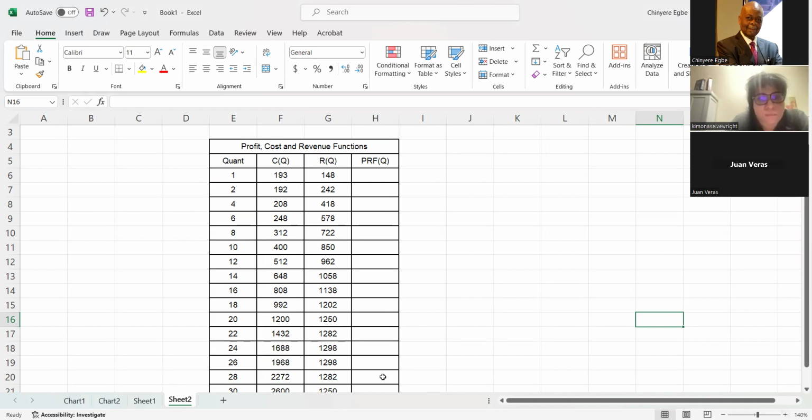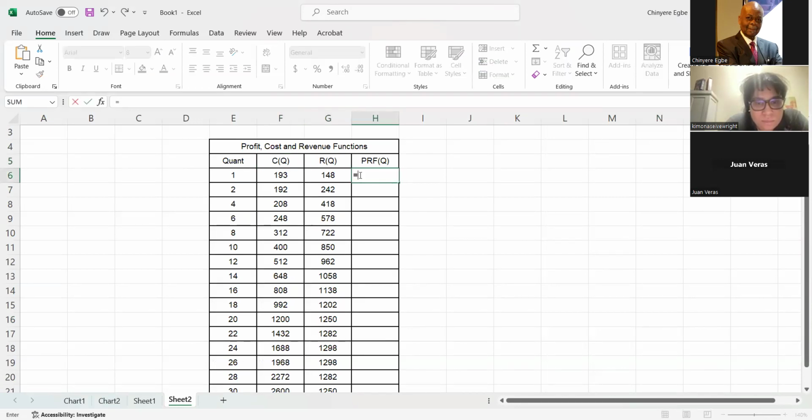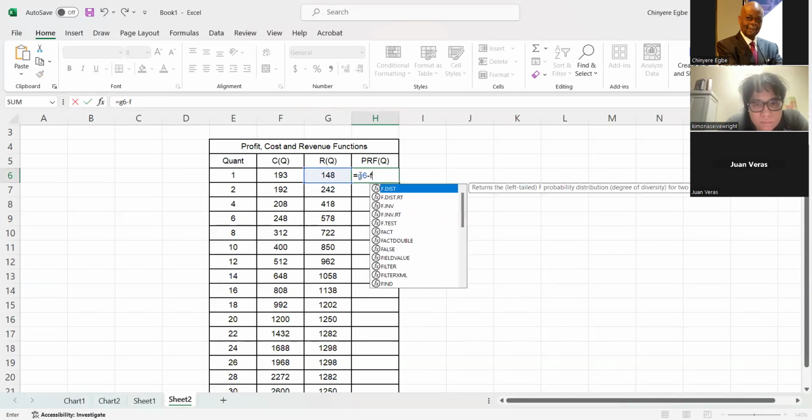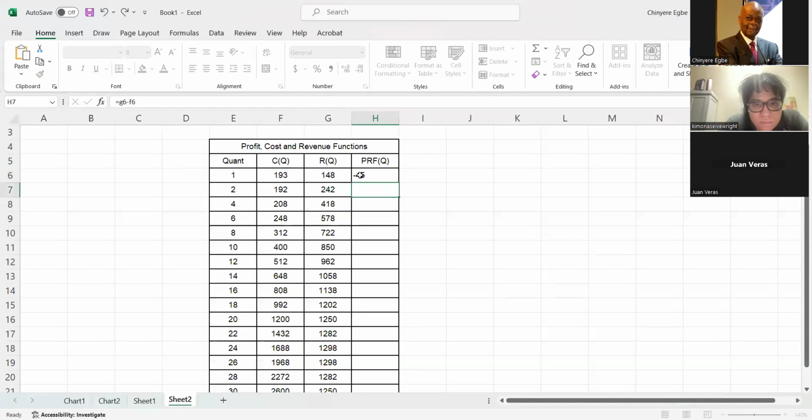Yes. Okay. And so your profit is your revenue minus your cost, right? And so you can go equals G6 minus your cost, which is F6. And here, you can drag it down.